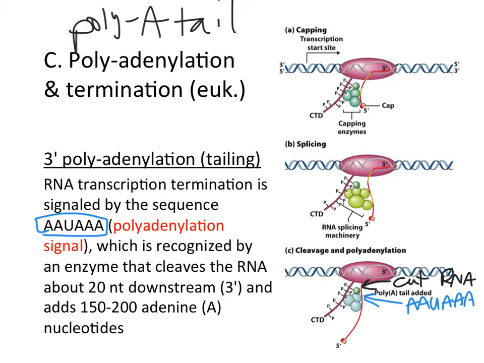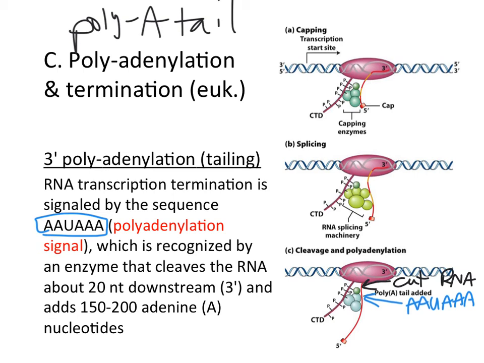So it's like you're unrolling a roll of toilet paper, and all of a sudden one of the proteins realizes that there's an AAUAAA written on it and rips the toilet paper roll right there. RNA polymerase is still on the template strand, but that transcript has been cut. As it says here, about 20 nucleotides downstream.